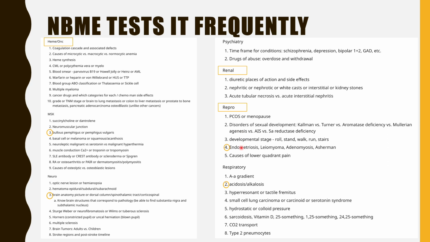All repro. Not really disorders of sexual development. Didn't get a lot on that, even though I have a video on that. But repro concerning female tumors, like of the female reproductive system, and also the male genital system nerves related to erection and these stuff, and how, for example, actually this came up on so many NBMEs, how prostatic surgery affects the nerves of erection, like pudendal nerve, I guess.